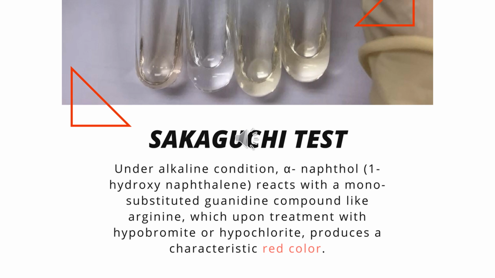Last but not least, Sakaguchi test. Under alkaline conditions, alpha-naphthol, 1-hydroxynaphthalene, reacts with a mono-substituted guanidine compound such as arginine, which upon treatment with hypobromite or hypochlorite produces a characteristic red color.